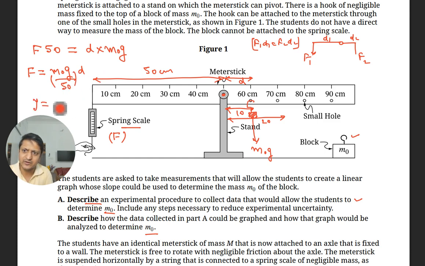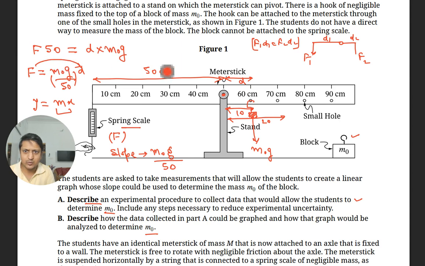We can compare it with y equal to mx, where m is the slope. So we can say that this is the slope and F, that is the force, is a function of distance of the hook from the pivot. So you have to write that force is a function of distance from hook to the pivot, where the slope will be mass times gravity divided by the distance of spring to the pivot, that is 50.